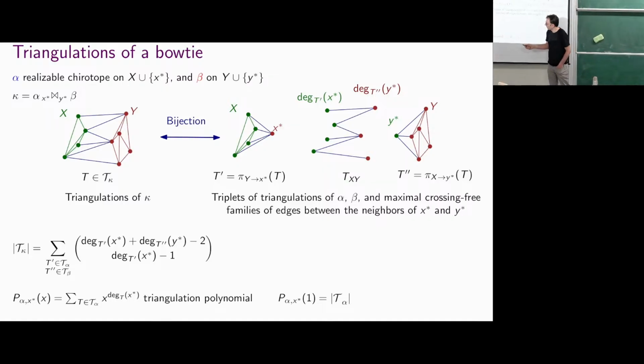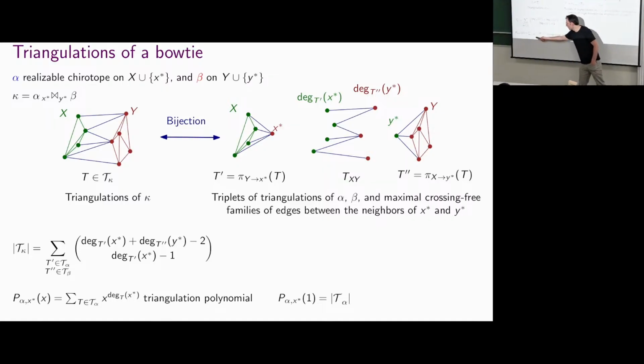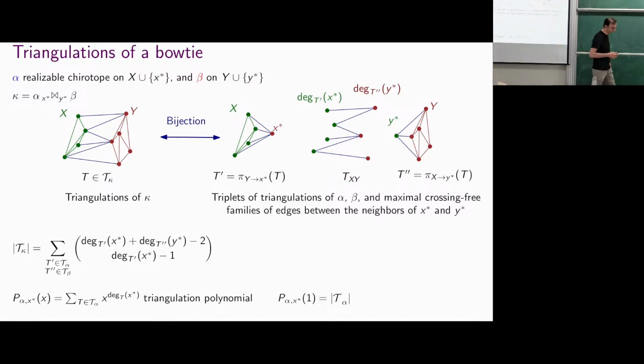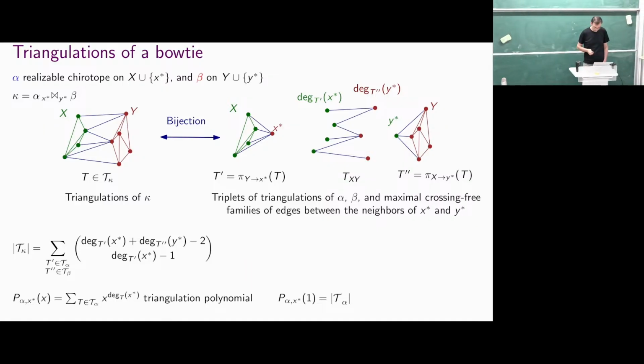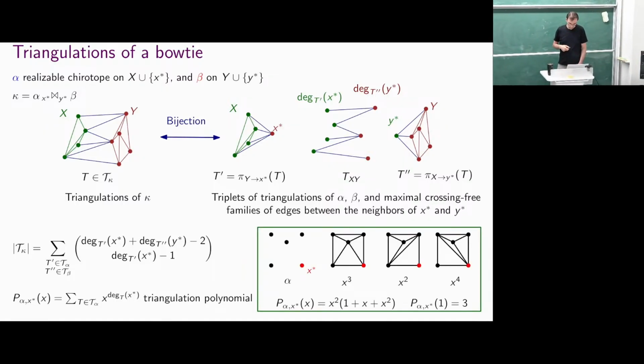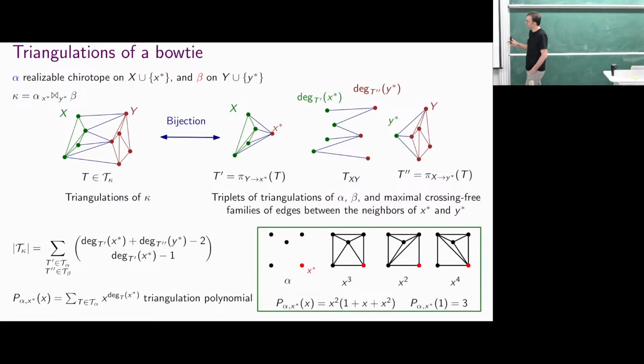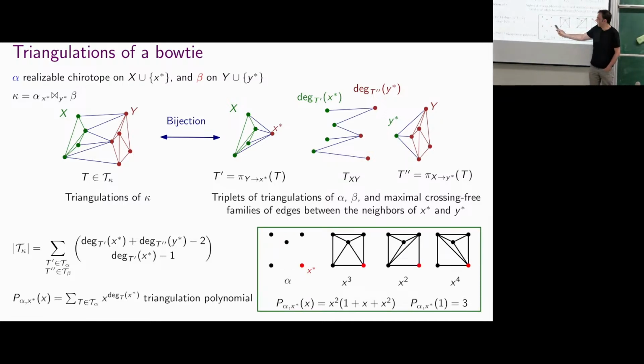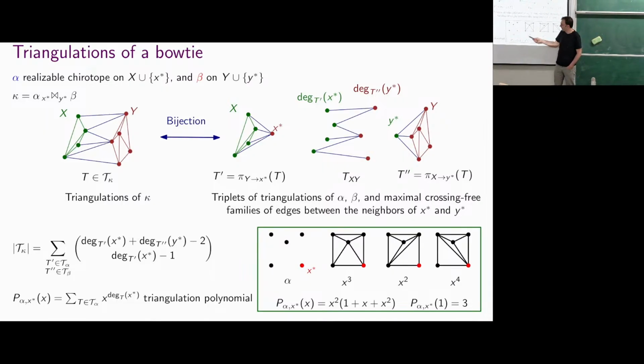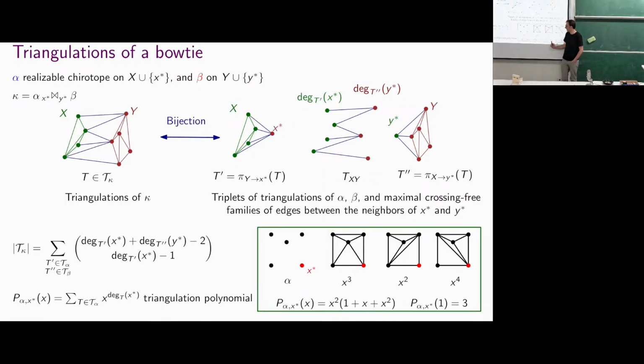This information is recorded in a generating series, or actually a polynomial, since it's finite. What this polynomial does is: you give me a chirotope, you mark a point, and I look at all the triangulations of the chirotope and take x to the power of the degree of that marked vertex in that triangulation.